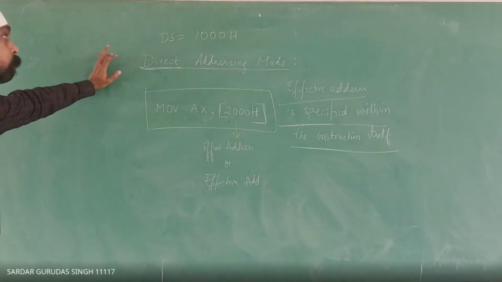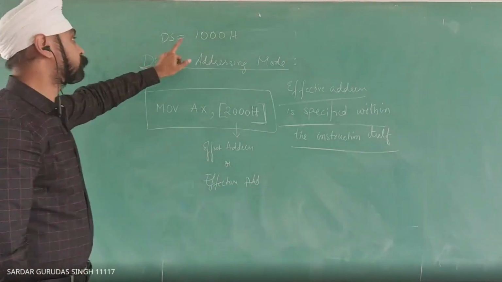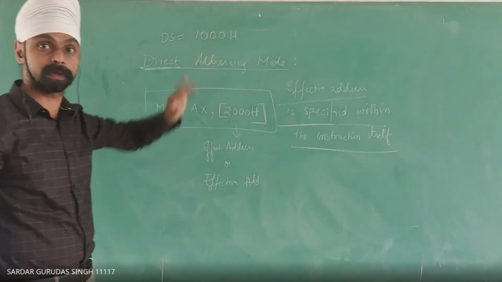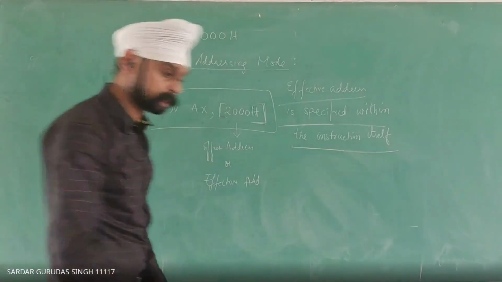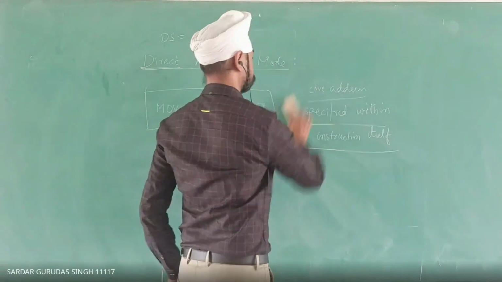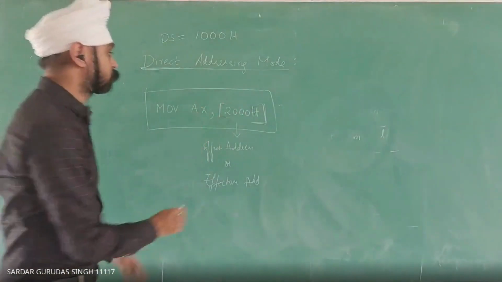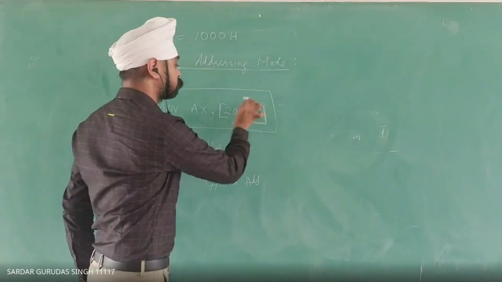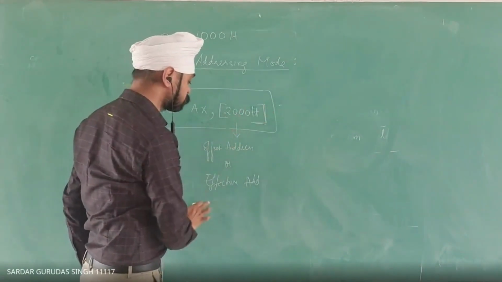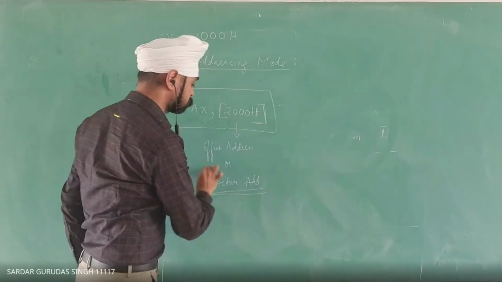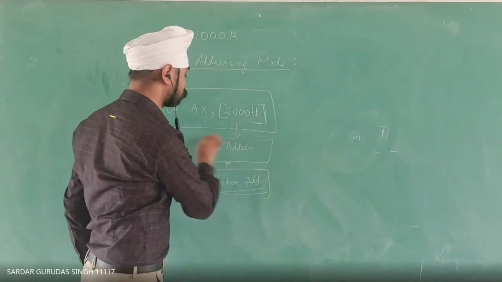As soon as you write this instruction, the address 2000H is assumed to be nothing but the effective address or offset.